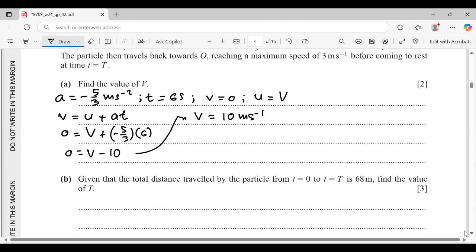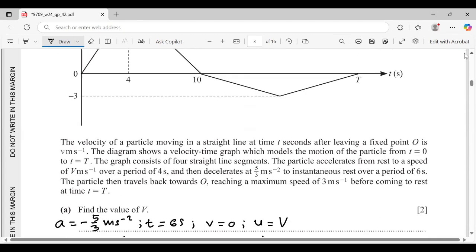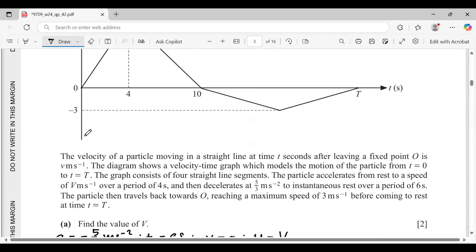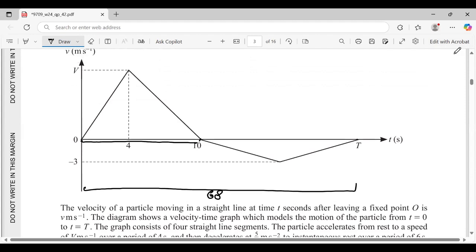Next, question B. Given that the total distance traveled by the particle from t equals 0 to t equals T is 68 meters, find the value of T. The distance from this point to this point is 68. First we find the distance from 0 to 10, so we calculate the area of this triangle.